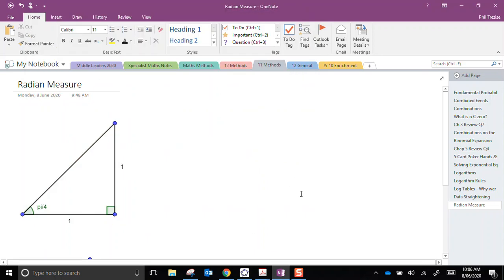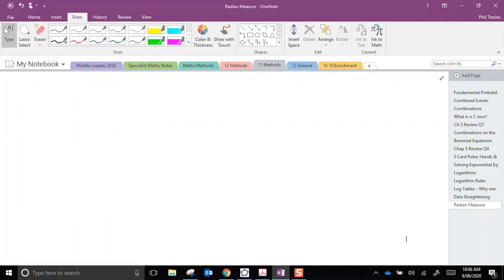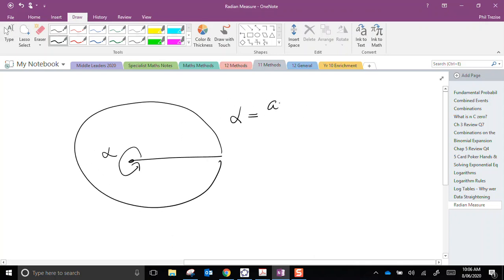Now let's take a little bit of a look at the reason why that would be the case. I've just got some diagrams there that I want to just, there we go. Here's some clear space to draw in. So if I did go all the way around the circle for that angle alpha, remember alpha in radians equals the arc length divided by the radius.